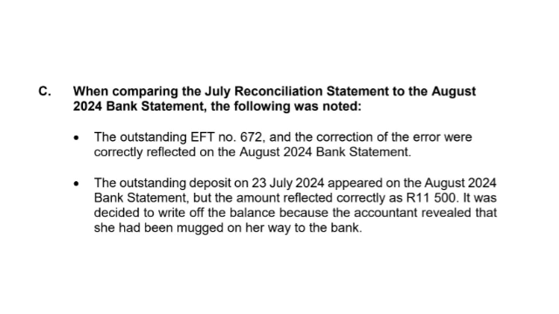The first one says the outstanding EFT 672 and the correction of the error were correctly reflected in the August 2024 bank statement. The second bullet says the outstanding deposit of 23 July 2024 appeared on the August 2024 bank statement, but the amount reflected was 11,500. It was decided to write off the balance because the accountant revealed that she had been mugged on the way to the bank.